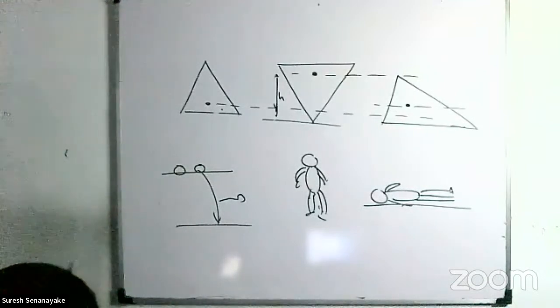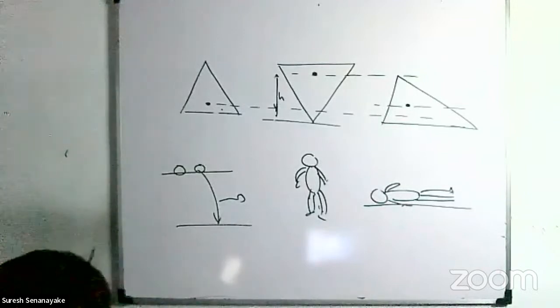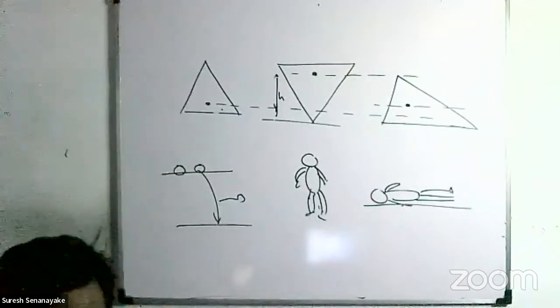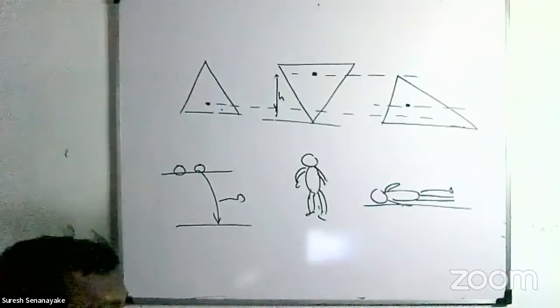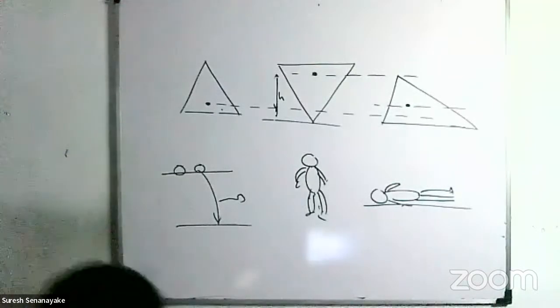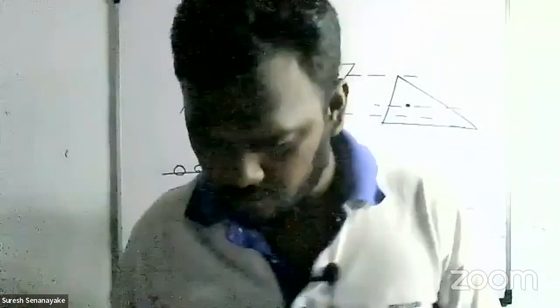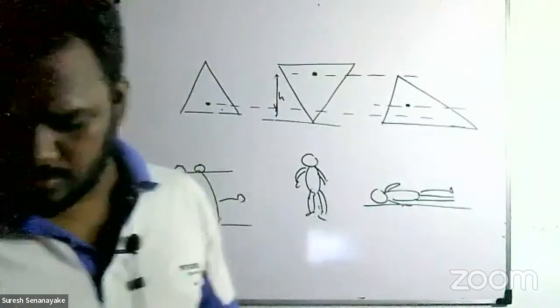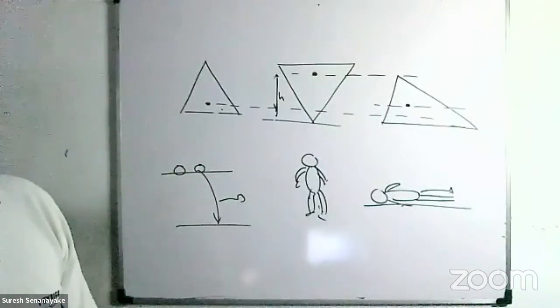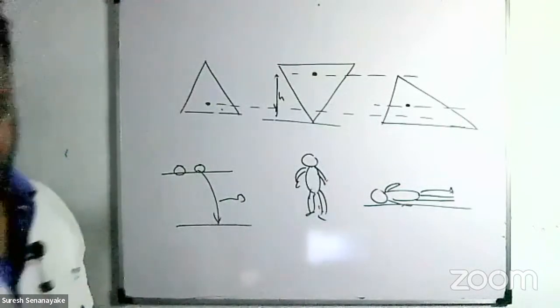I will draw the diagram there. Example one: a ladder is placed on a smooth floor and held against a rough vertical wall. Does the ladder remain in its position?